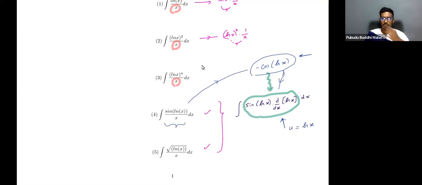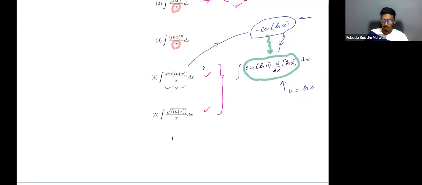Similarly, for the fifth question, same idea. If you observe carefully, now you can understand the importance of this x. That's quite helpful. Otherwise, it's quite difficult, actually. Integrate square root of natural log of x, that is like this. Then again, u equals natural log of x.